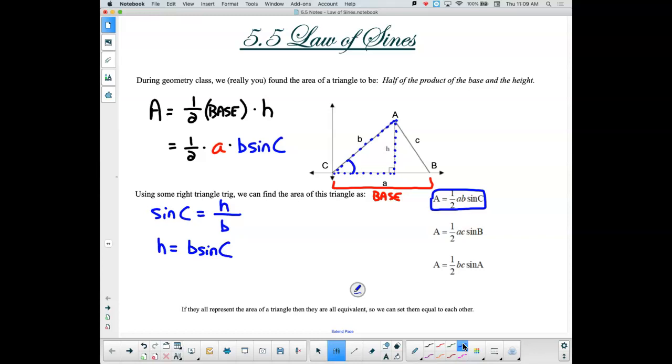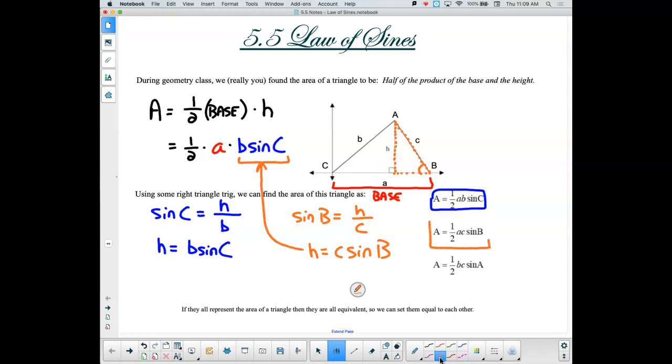But let's say you're not a big fan of C. Let's say instead you're a huge fan of B. Well, now you're utilizing this right triangle, and the sine of angle B is going to be H over C, or H is going to be C times the sine of angle B. If I put that in right there, then I get that formula.